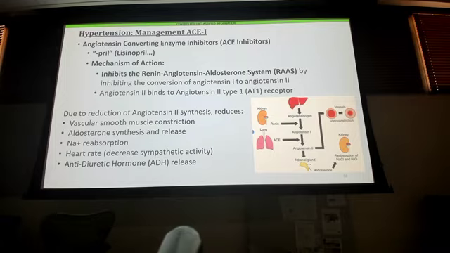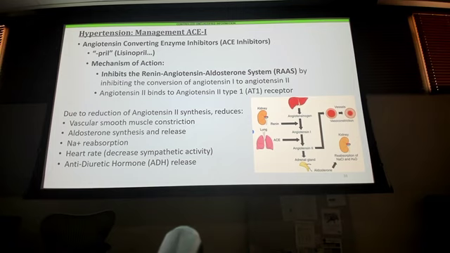So let's talk about ACE inhibitors. I know you've talked about the renin-angiotensin-aldosterone system, the RAS or RAAS, either way. But this system, it's not just one organ that regulates the blood pressure.